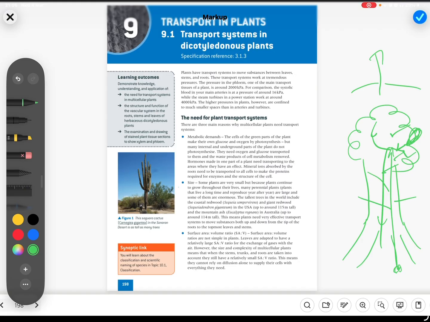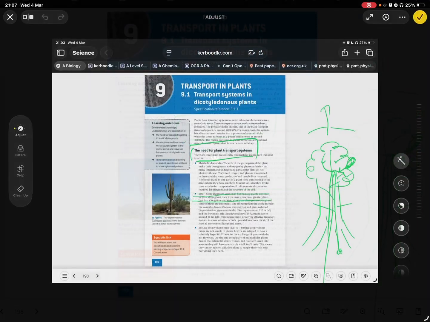Size: some plants are small and need to reproduce. Surface area: different things have different surface area to volume ratios and are better at making energy. So, the need for a plant transport system: different parts produce different things, and the entire plant needs these things. Glucose in the leaves needs to go throughout the entire plant. That's all you need to know.